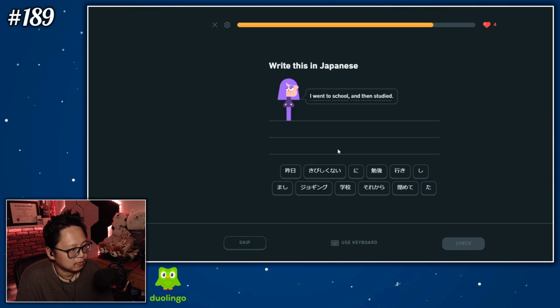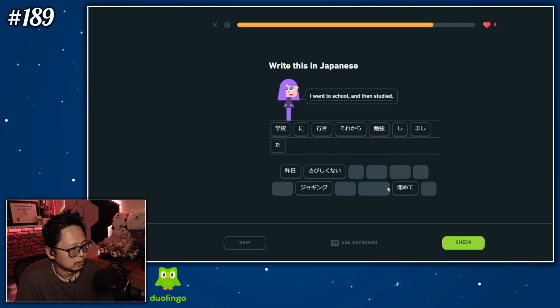I seem to have this knack for forgetting the right radical of 教. 学校に行き、それから勉強しました. At least that's what I remembered. Okay.